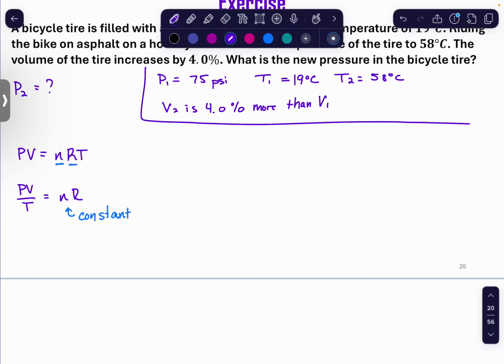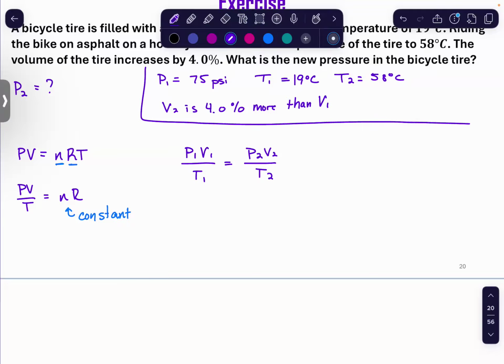Now, as we have seen with our other laws, anytime we have an equation involving values that are equal to a constant, every instance of that combination of values is equal to the same constant. So we now know that in situation 1, P1 V1 over T1 is going to equal P2 V2 over T2 because they both equal the n times R constant.